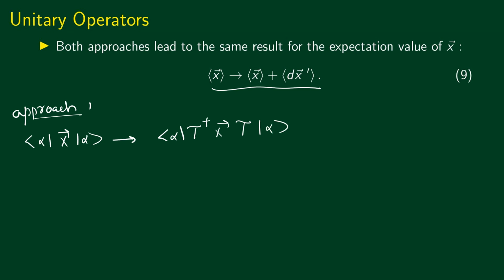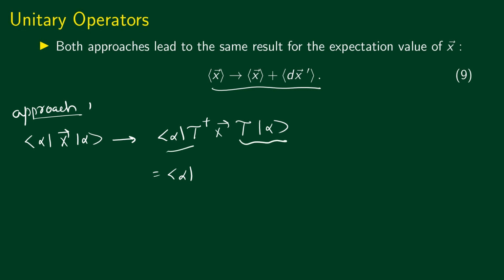Now this is something that we calculated in the previous slide. T dagger x operator T, we showed that this is equal to x vector plus dx vector prime. Using the associative axiom, it doesn't matter which of these multiplications you carry out first.